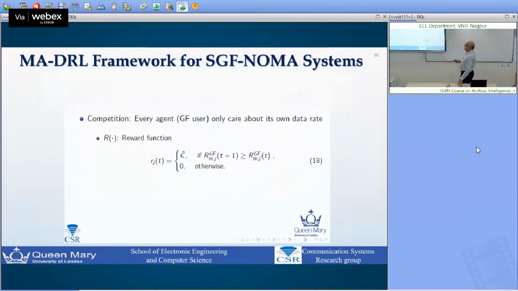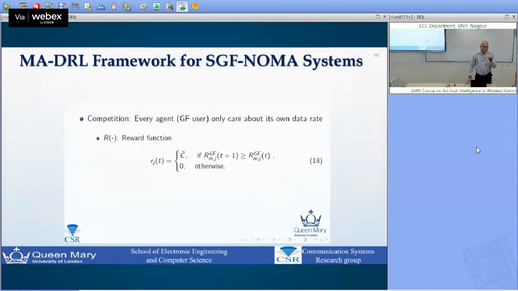So here the reward is given to each agent. If the agent selects one sub-channel and one power level, and the rate of that particular device at the next time slot is greater than at the current time slot, the reward is given. Here you have 10 devices.